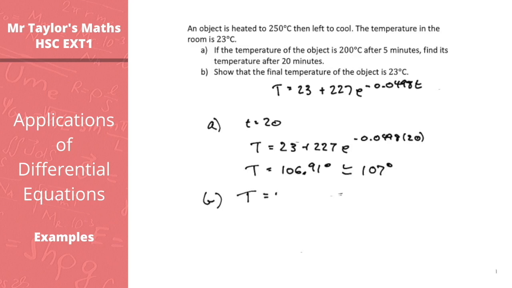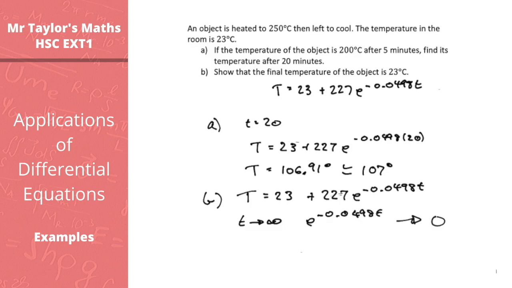Well, my temperature is 23 plus 227 e to the minus 0.0498t. So as t approaches infinity, e to the minus 0.0498t is approaching 0. So that means, therefore, T is approaching 23. So that will be your final temperature. And that is it for this example.